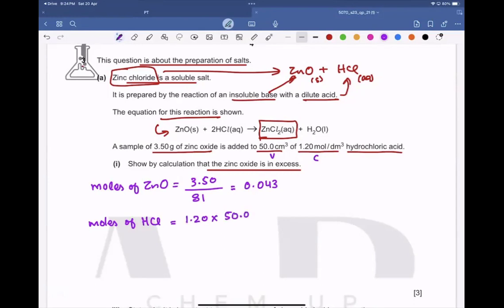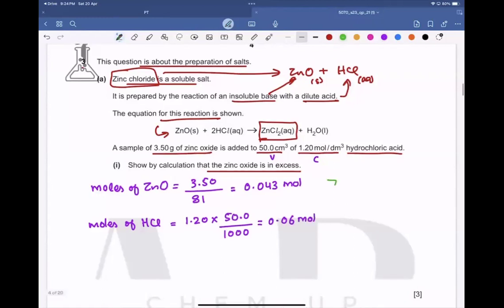It's in cm³ and we have to convert it into dm³, so we divide by 1000. Can anyone tell me the moles of HCl? It's 0.06. Okay, thank you, Abdul Hadi. So we got the moles.